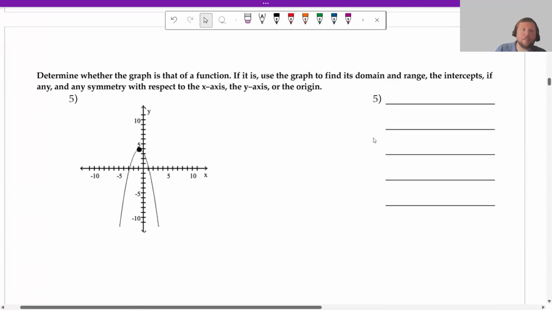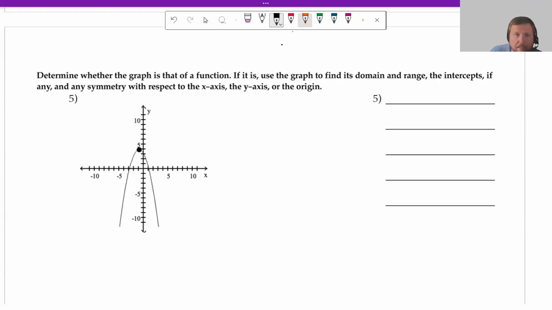Okay, determine whether the graph is that of a function. If it is, use the graph to find its domain and range, the intercepts, if any, and any symmetry with respect to the x-axis, y-axis, and or origin. So I'm looking at that, and let's try and make a straight line here. So I'm passing lines through it.